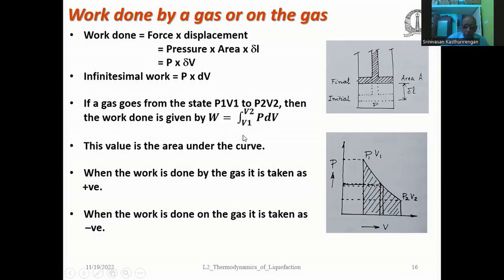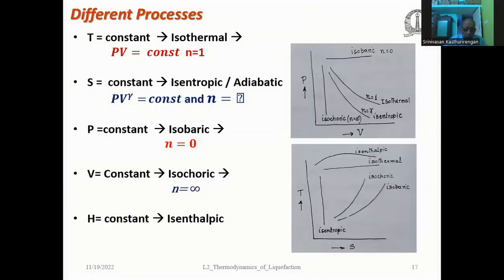Therefore, W is equal to the integral from V1 to V2 of P dV, which is nothing but the area under the P versus V curve. Now, there are sign conventions. If the work is done by a gas, it is taken as positive, whereas if the work is done on the gas, it is taken as negative.